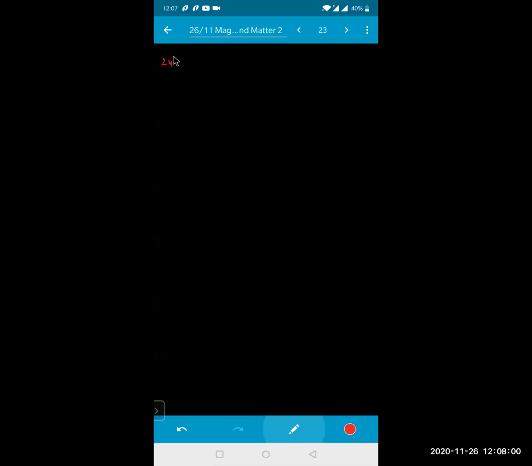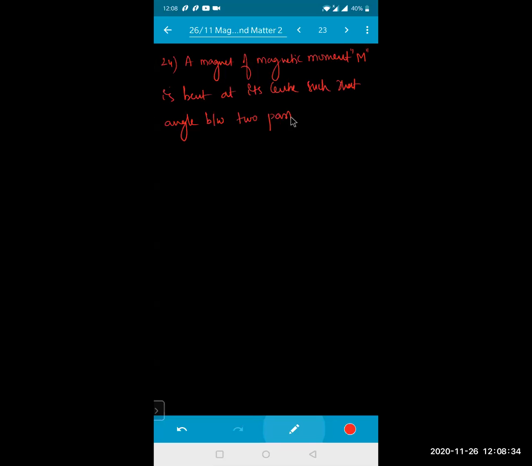This one is question 24. See here, a magnet of magnetic moment capital M is bent at its center such that the angle between the two parts is theta.